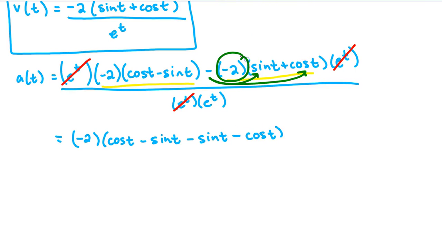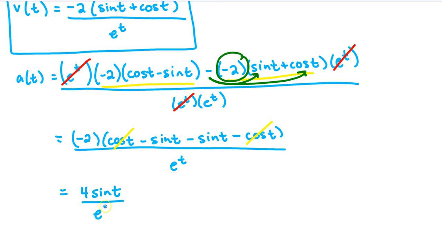The other -2 was already factored out, all over e to the t, and you can cancel your cosine t and your minus cosine t. You can add those sine t's together, so you have -2 sine t, multiply that by the -2, and you have 4 sine t over e to the t, and that's the acceleration.